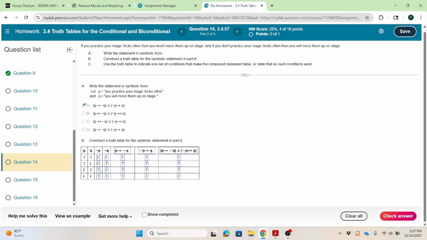Again, not P is true, and then not Q is false. So here false implies false, that is true. And then true implies true, that is also true. So true and true is true.